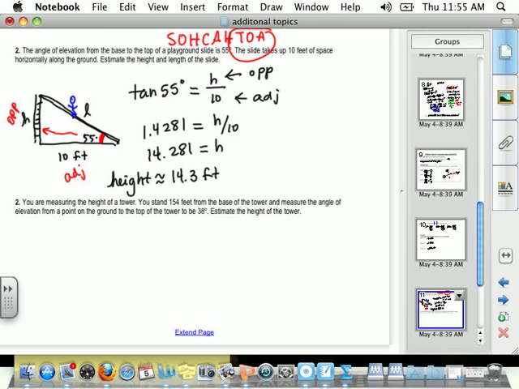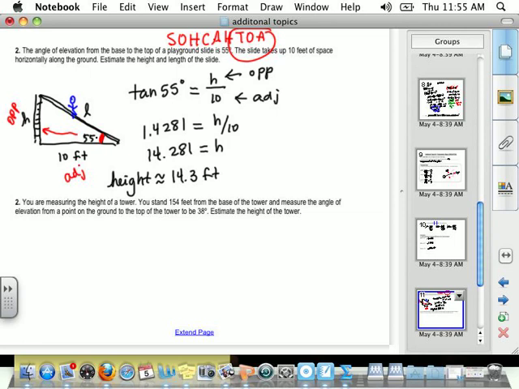Now let's say I want to find the length. You can do the length a couple different ways. What could I do to find the length now? Yeah, you have both the sides of the triangle. You could find the hypotenuse, right? You find both legs, you can find the hypotenuse. But usually I don't want to use an answer that I've already found, just in case I got it wrong.